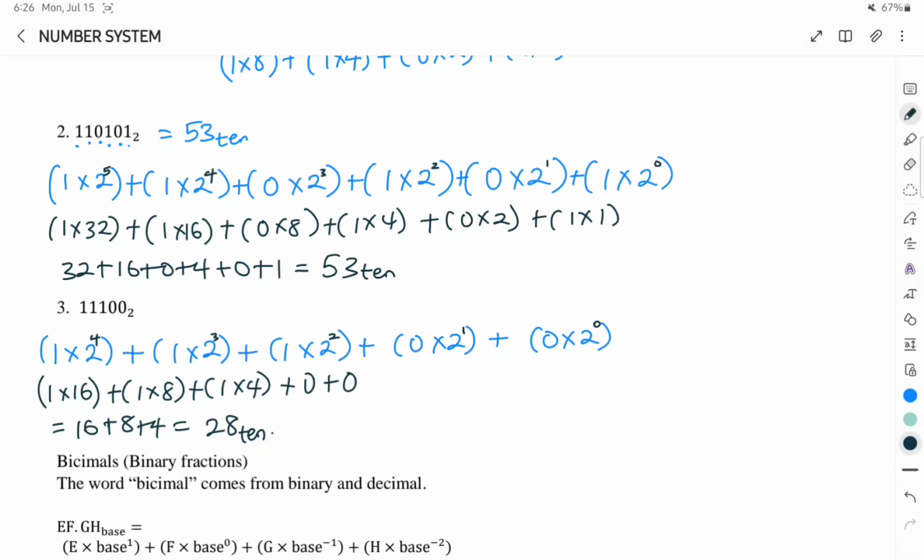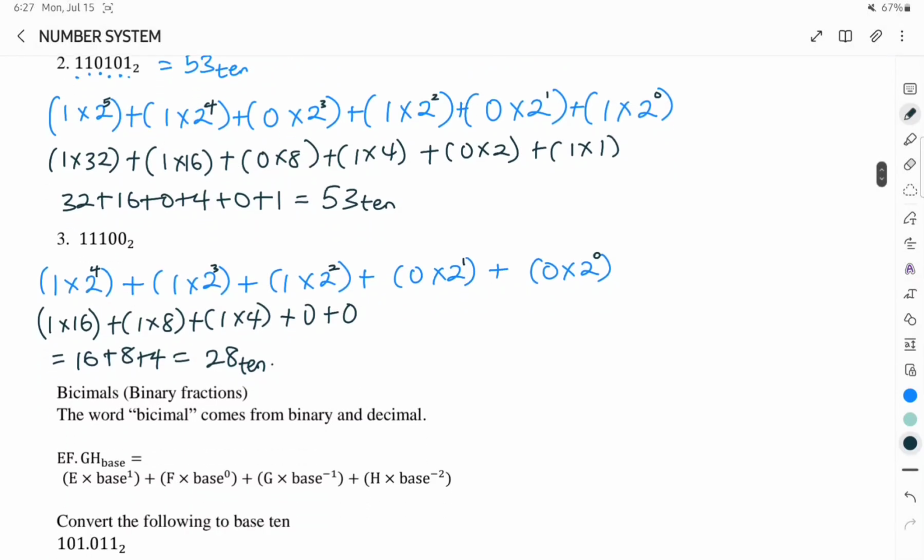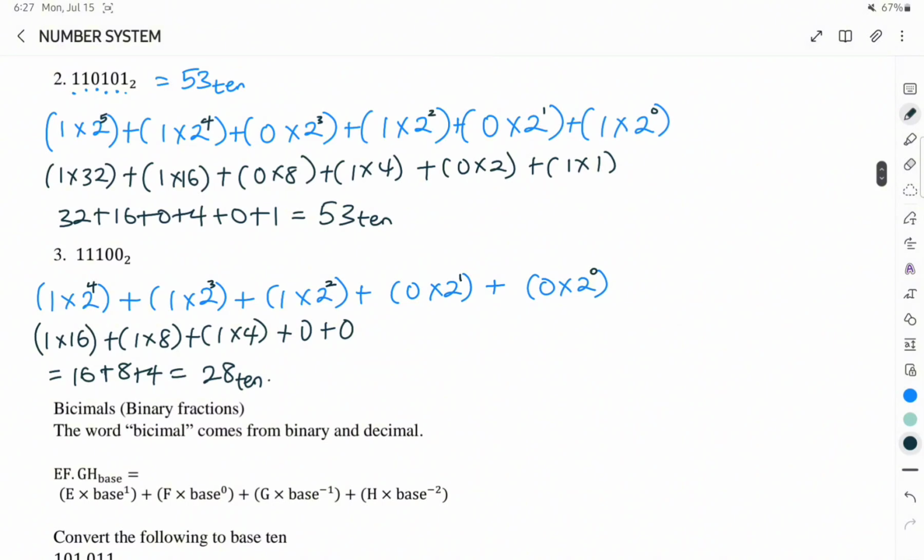Let's use this last example. We converted 11100 base 2 to base 10 and we got 28. Let's confirm if 28 is truly the answer. How do we convert from base 10 to other bases? We do a successive division.